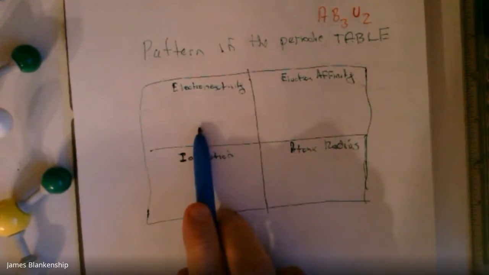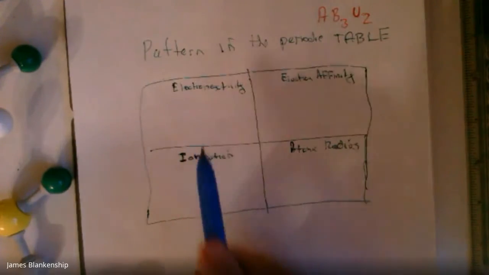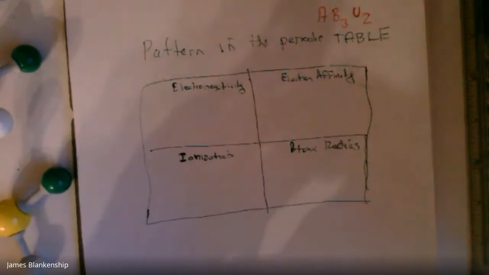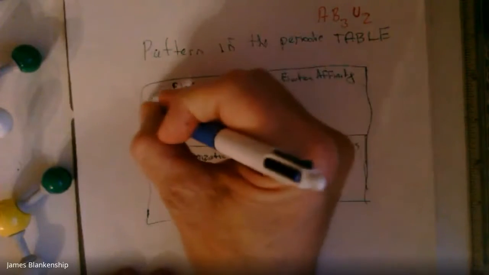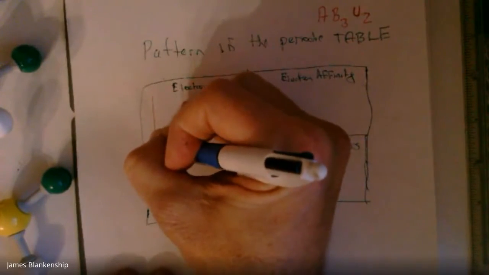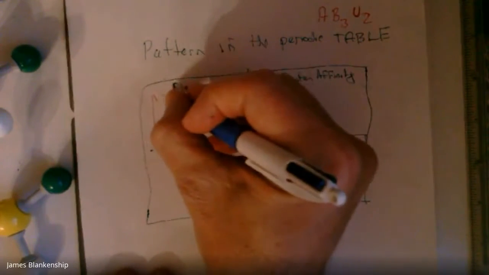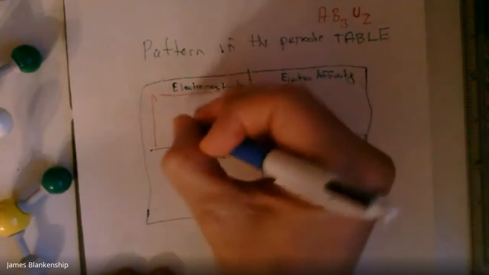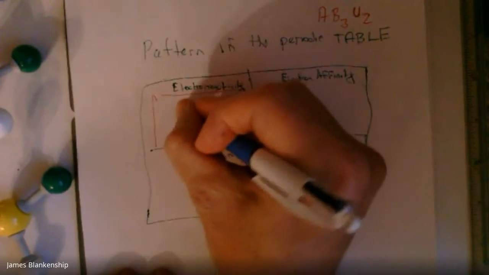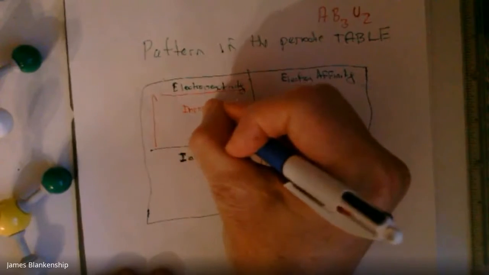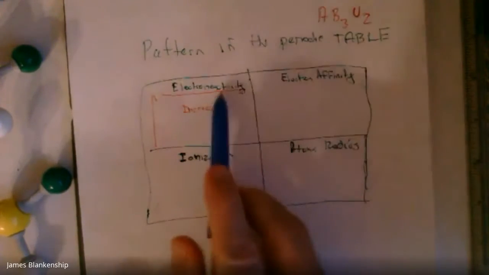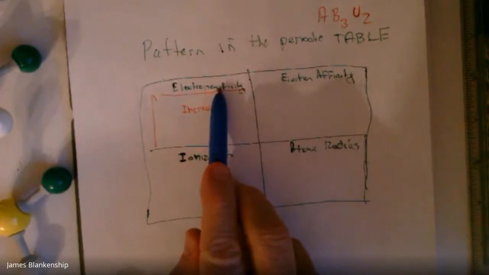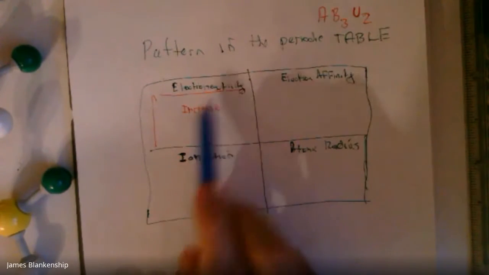These are actually not too bad because we can draw a general pattern out here that says as you go up and to the right, your electronegativity increases. Electronegativity is the degree to which an atom wants another electron.